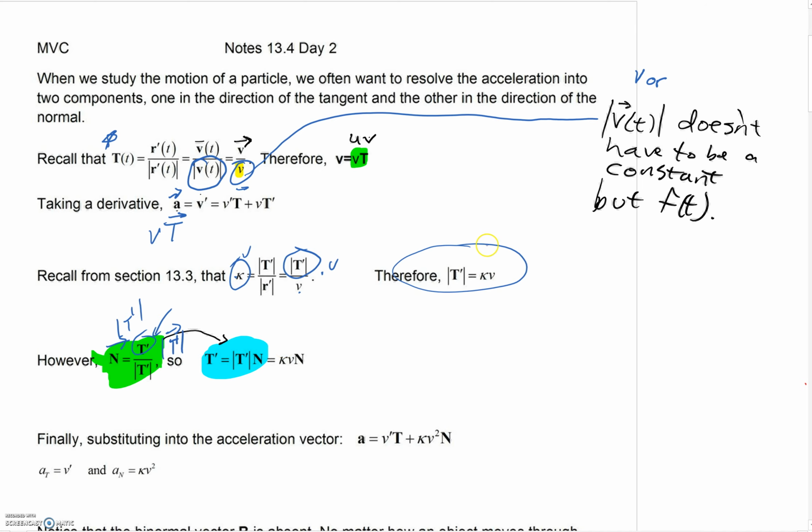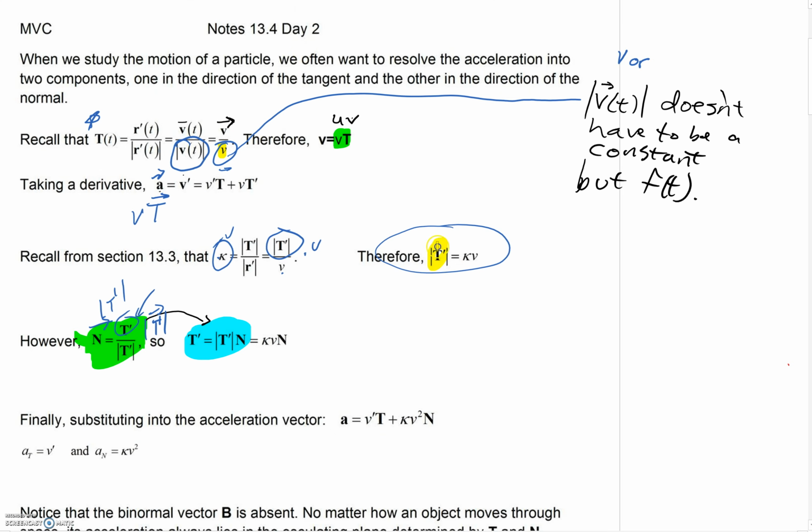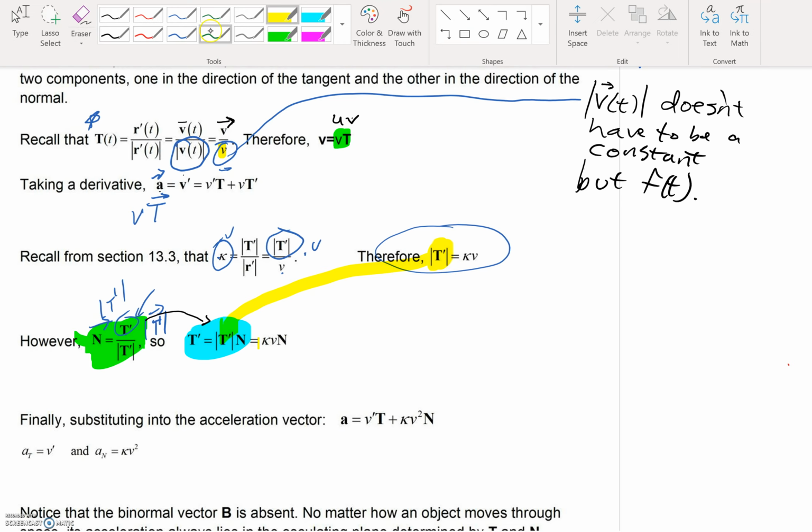But look where we're going with this. We can say, wait just a second. This thing right here is kappa v. So we'll have kappa v times N. So that's what T prime is. Now let's remember what we came up with earlier.